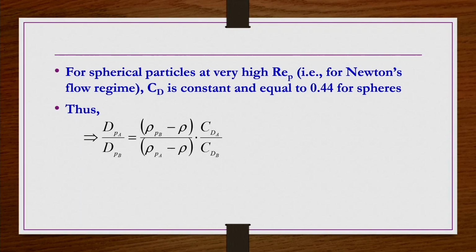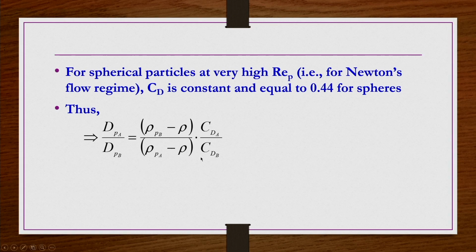So, what is that size of A, size of B, or what is the ratio of the sizes of A and B types where their terminal velocities are equal? That we can find out. Now, for spherical particles, if you take Newton's flow regime, that is REP greater than 10 to the power 3, then CD is constant and equals 0.44 for spheres.